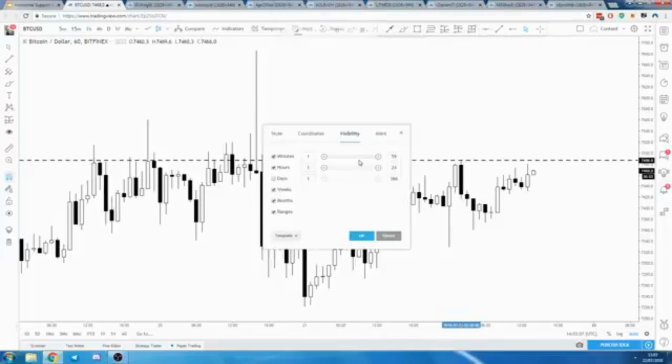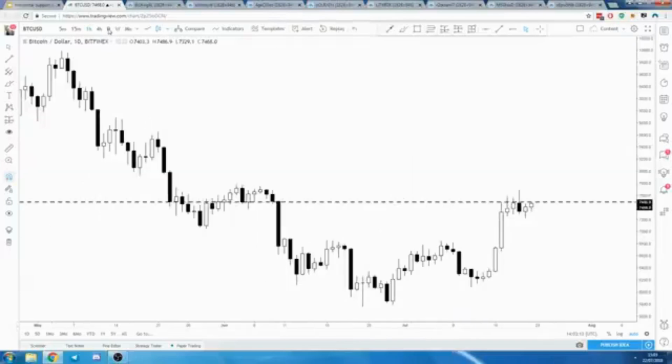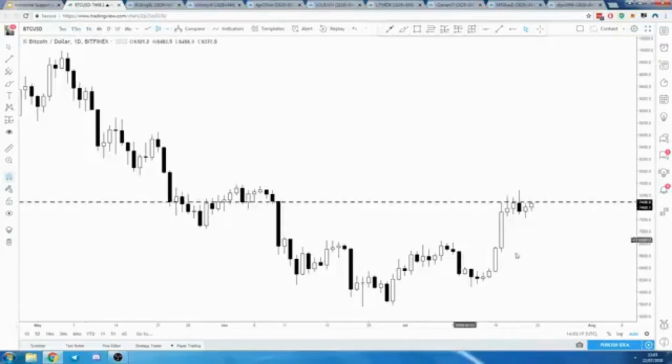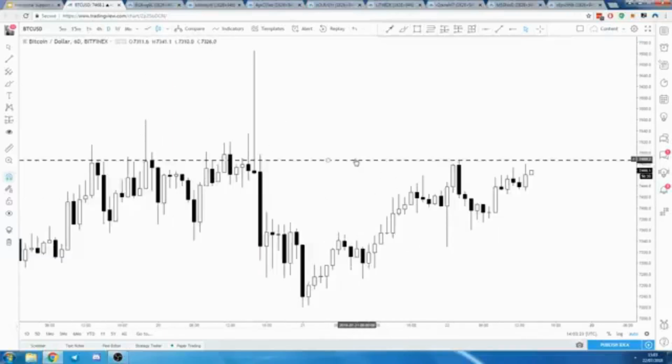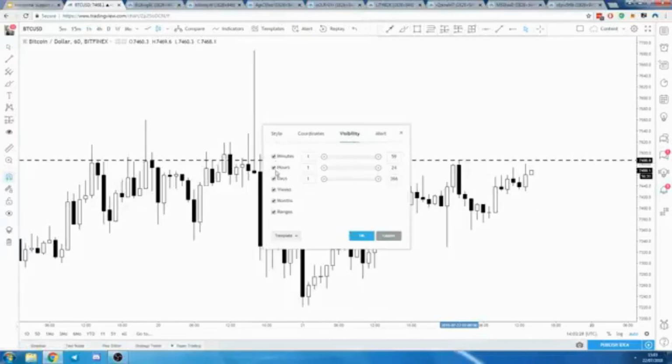The third thing is that if you're doing analysis and drawing levels on multiple time frames, there's a good chance that you don't want your lower time frame levels to clutter your daily or higher time frame chart. To do that, once you've drawn a level on a certain time frame, you can simply double click, go to visibility, and choose which time frames it appears and doesn't appear on.